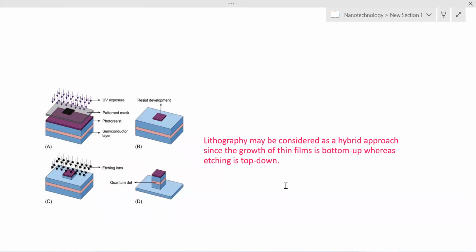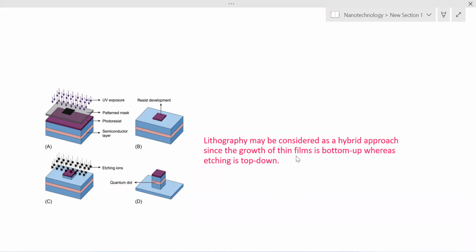Then after growing that, the etching is done to attain the desired level of thickness, which is a top-down approach. So lithography is both bottom-up as well as top-down approach. So it is called a hybrid approach.